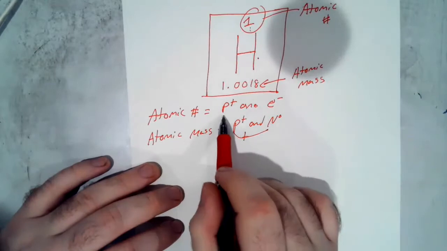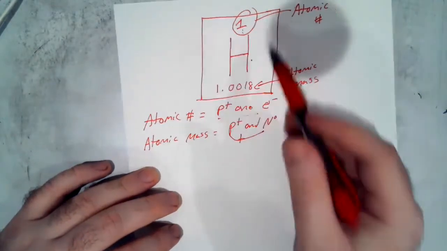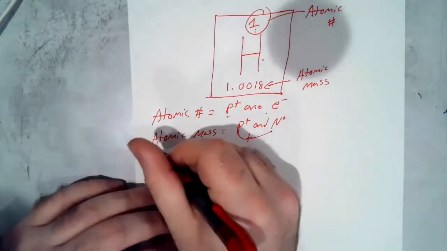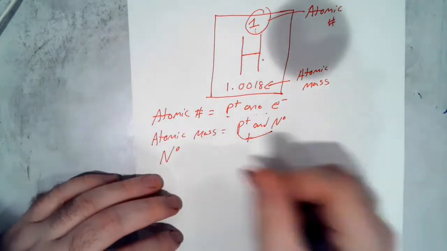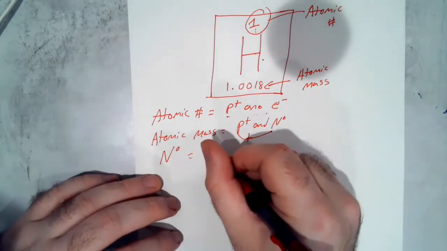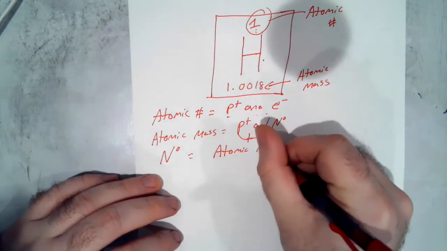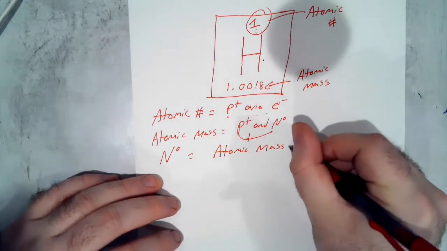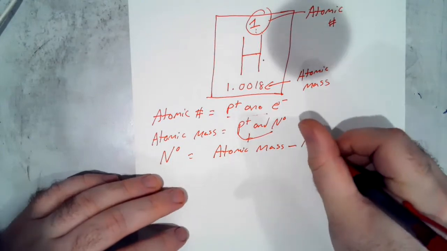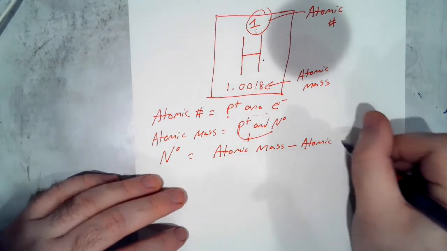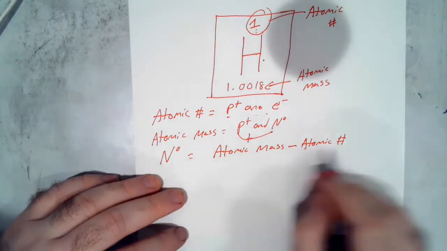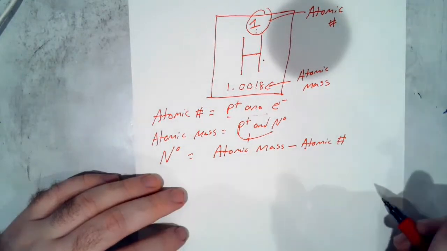So finding protons and electrons is easy, right? You just look at the top number and boom, you got your answer. But how do you find neutrons? Well, you take the atomic mass and you subtract the atomic number. Atomic mass minus atomic number equals neutrons.